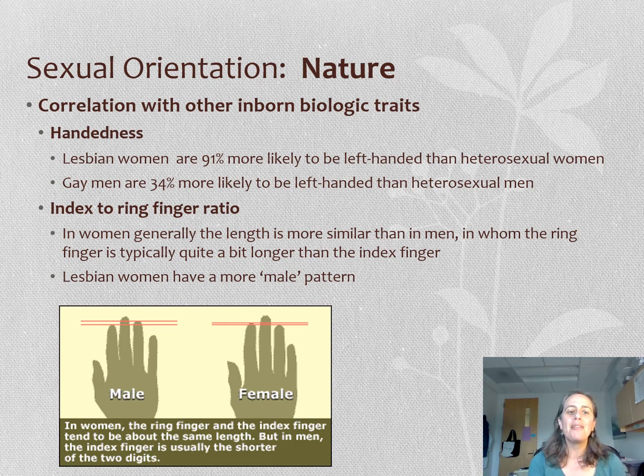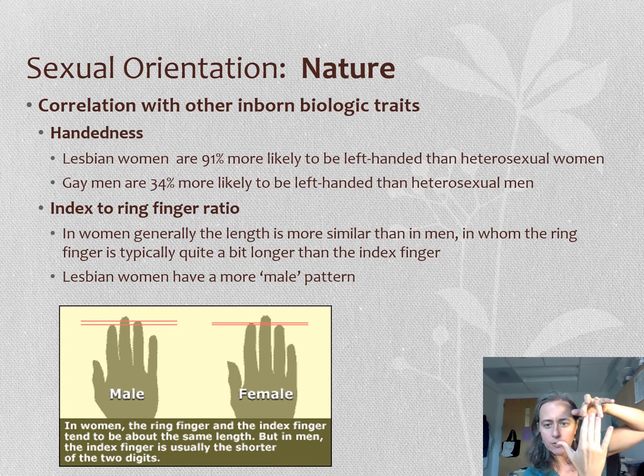There's this other thing about the index to ring finger ratio. If you hold up your hand and look at it, in male-bodied people, usually it's your index finger to your ring finger, so not your middle finger, but those two other ones.